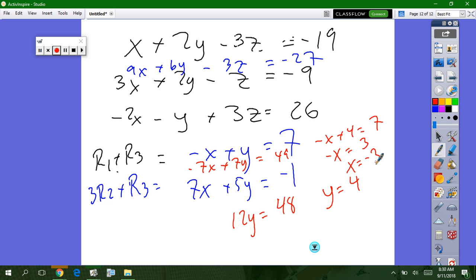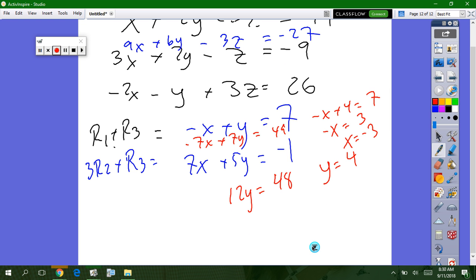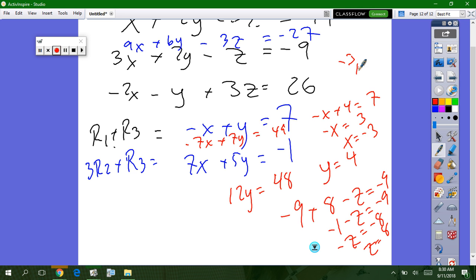He's probably the nicest one here, isn't he? So 3 times -3 is -9, plus 2 times 4 is 8, minus z equals -9. That's -1 minus z equals -9. Negative z equals -8, so z is 8. So I have -3, 4, 8.